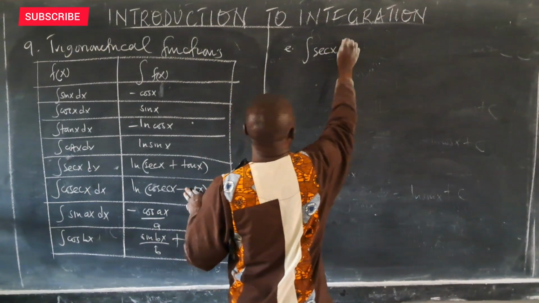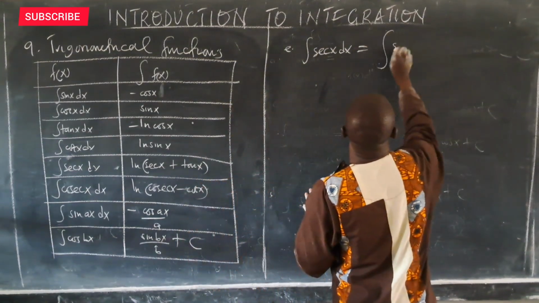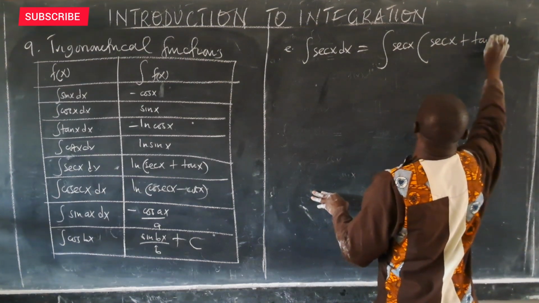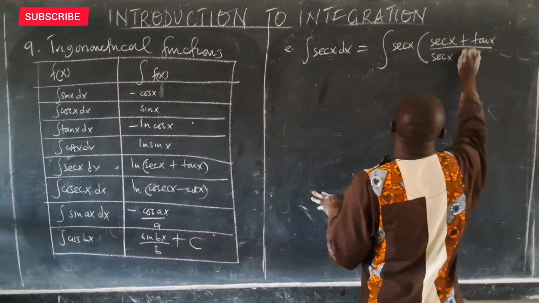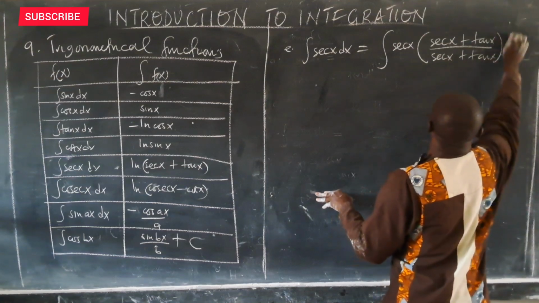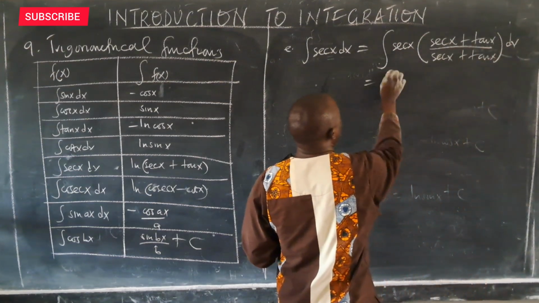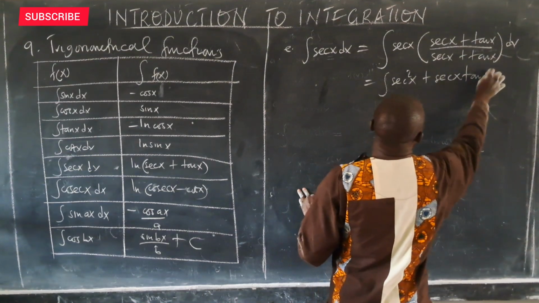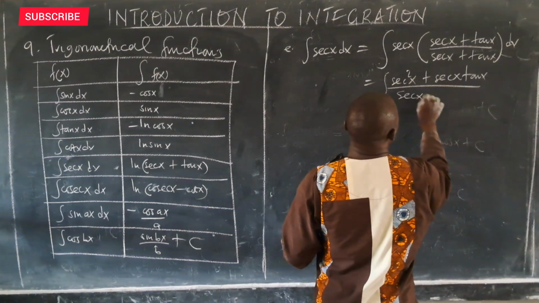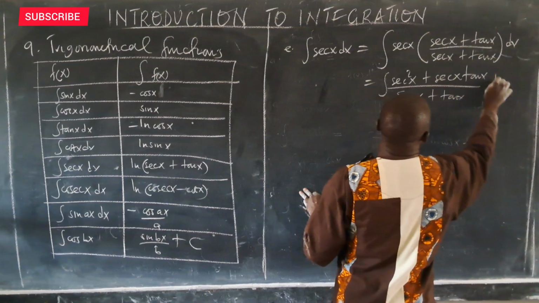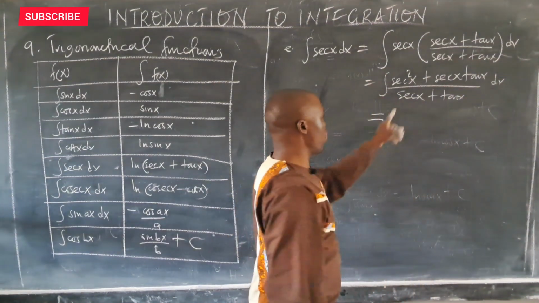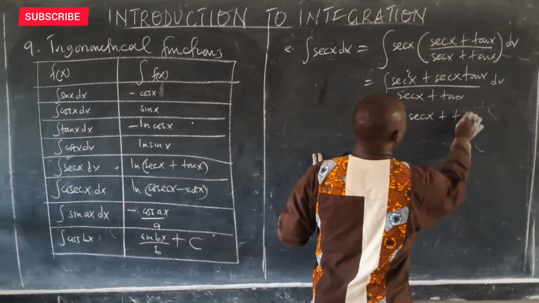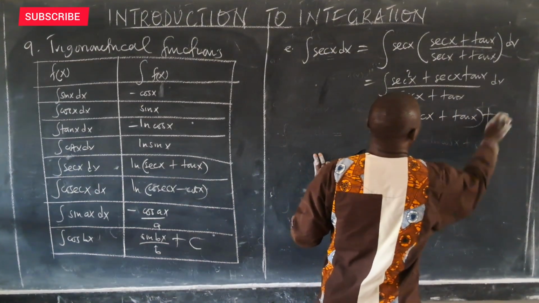Integral of sec x dx, we modify this to be the integral of sec x into sec x plus tan x out of sec x plus tan x here. So we expand the upper part, we get integral of sec squared x plus sec x tan x out of sec x plus tan x dx. If you differentiate this, you get this. So that gives you ln sec x plus tan x plus c.